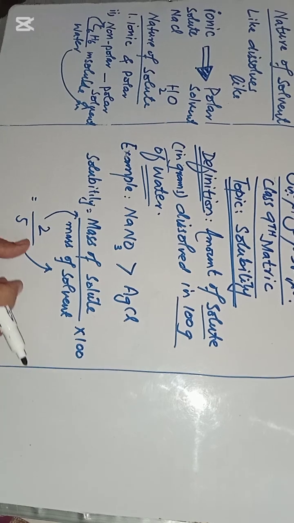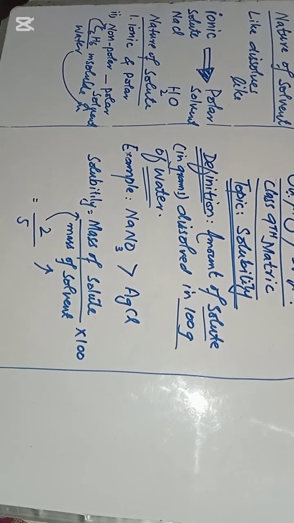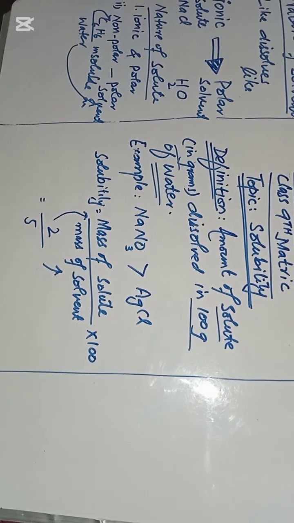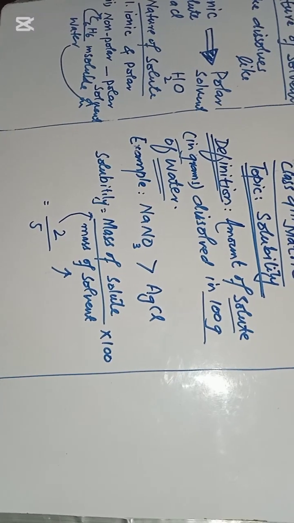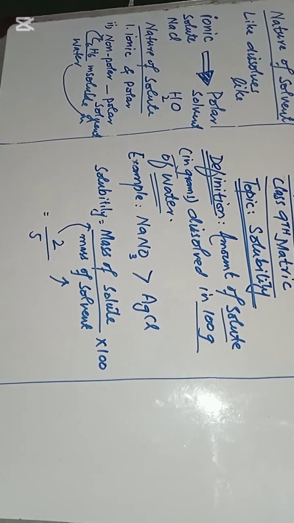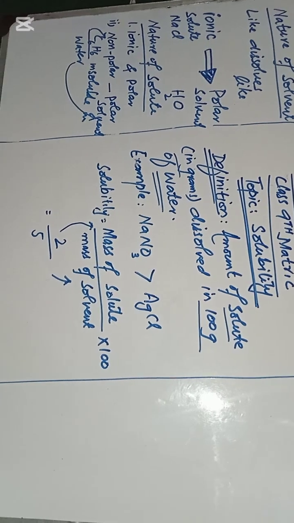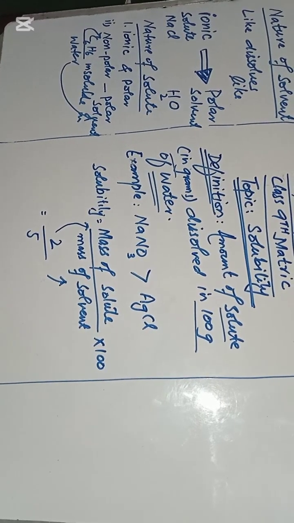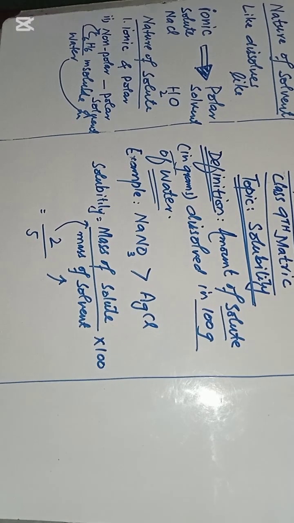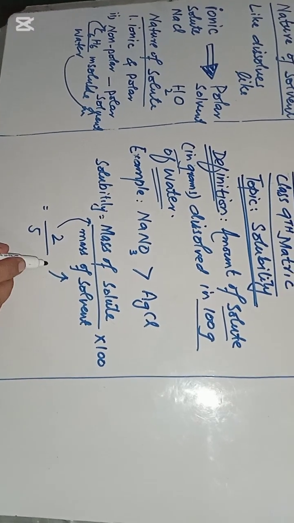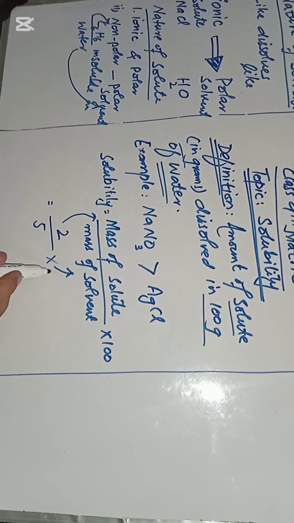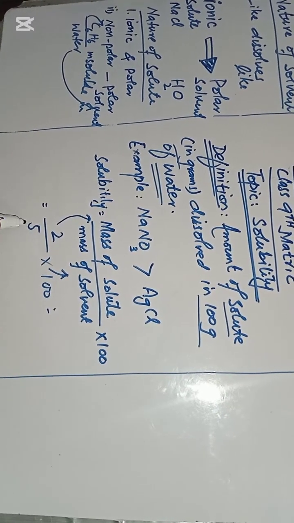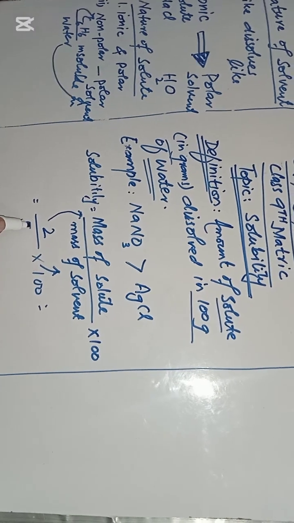It is the same as when you give your exams and get 75 parts or 65 parts. You are taking a mass and you can convert it into a percentage, which means if these parts are considered to be in 100, what would those numbers be? So you are just dividing and multiplying it with 100. Clear? So this is how the solubility can be easily calculated.